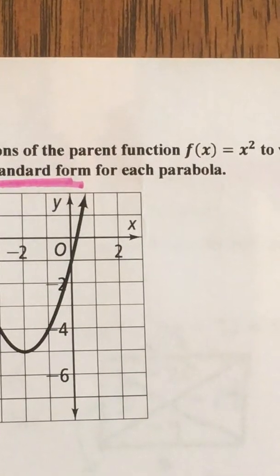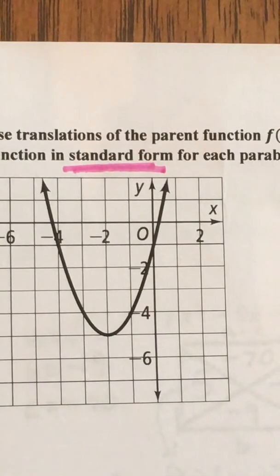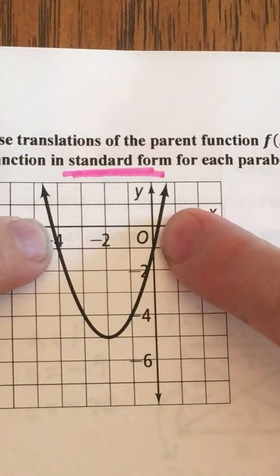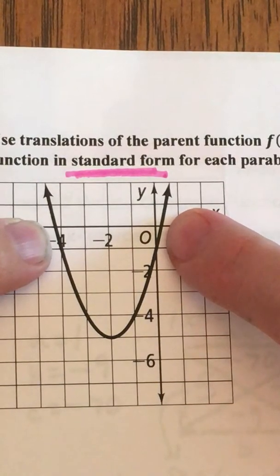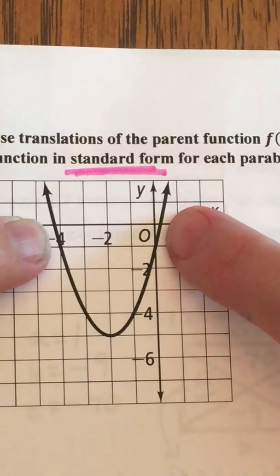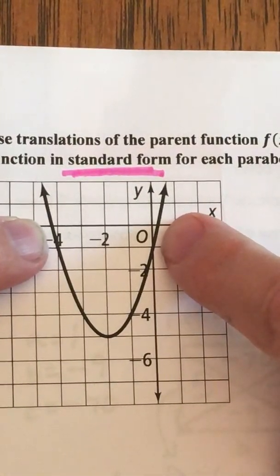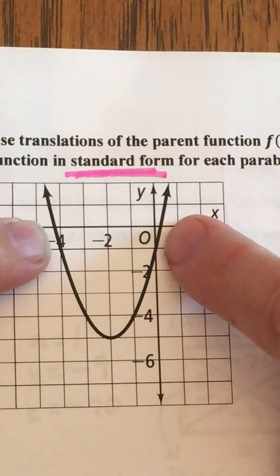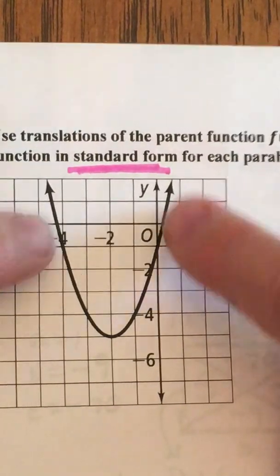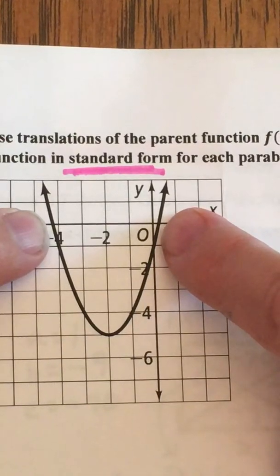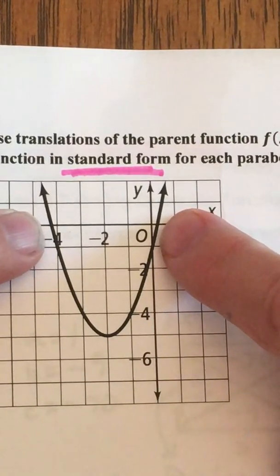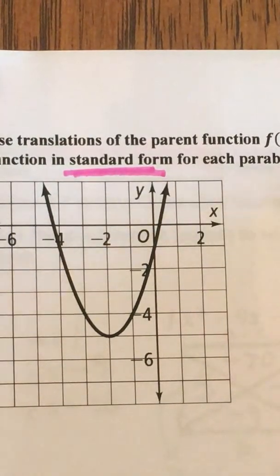So you can start this by looking at your graph and saying, hey, are my x-intercepts nice clean coordinate points? If they are, just use your factored form like we've been doing. But no, they're not. So since the x-intercepts are not nice clean coordinate points, we need to use the vertex form of the equation.